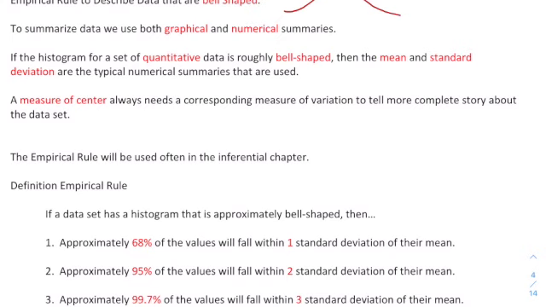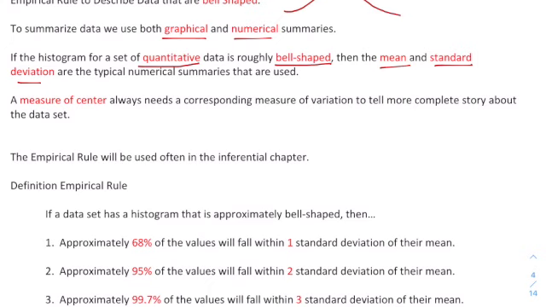To summarize data, we use both graphical and numerical summaries. If the histogram for a set of quantitative data, which is numbers, is roughly bell-shaped, then the mean and the standard deviation are the typical numerical summaries used.